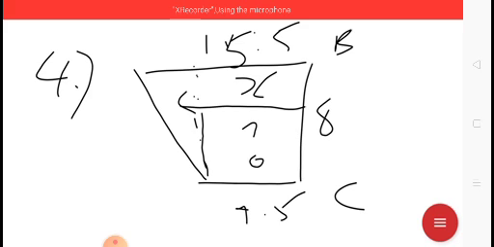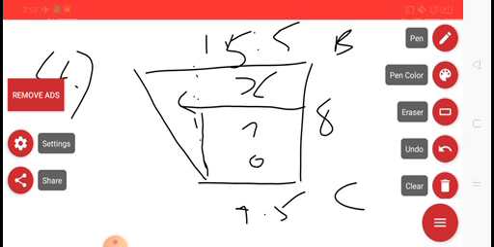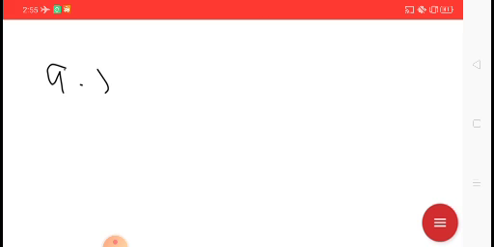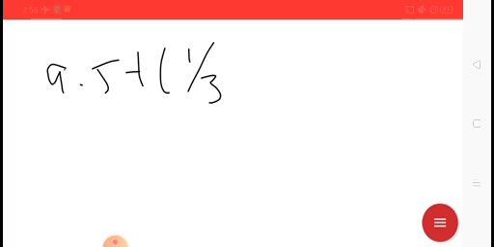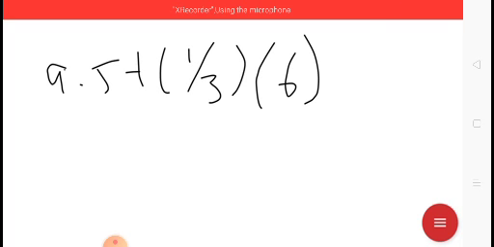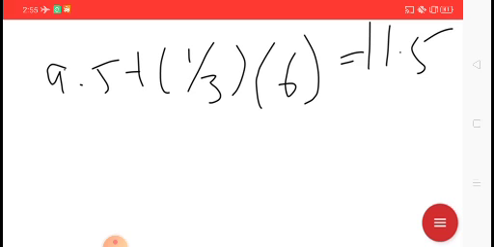Okay, so in order to find this, as you know that you will need to find the center of mass of the triangle first. So for the right angle triangle, if you want to find the center of mass, will be equal to 9.5 plus 1 over 3 times 6, so 11.5, part 1.